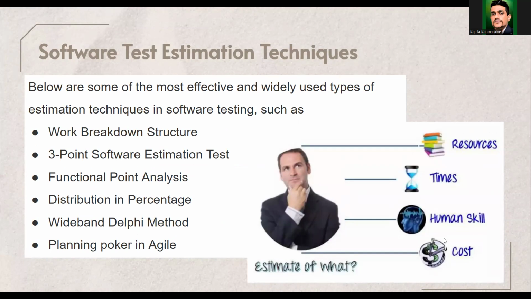One is work breakdown structure, then three point software estimation, function point, distribution in percentage, wideband Delphi, and planning poker. Especially planning poker we'll use in agile, and we will do a different session for agile as well and deep dive into that. These are the set of techniques I identified, but there are many other techniques as well. Okay, so we'll see what these techniques are.